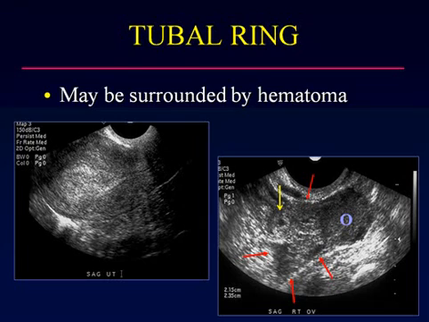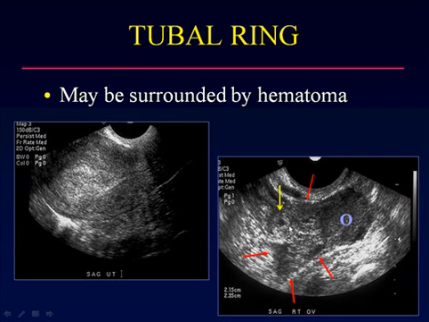As I said, it is not uncommon for the echogenic tubal ring to be surrounded by hematoma. This is another example of a patient who was pregnant. She had already had a prior tubal ligation, so we were quite concerned that in fact she likely had an ectopic pregnancy. You can see that there is no evidence of intrauterine pregnancy within the endometrial cavity, and adjacent to that right ovary you can see this echogenic tubal ring.